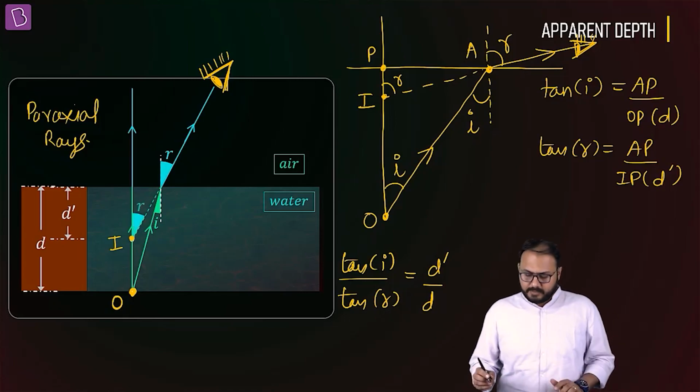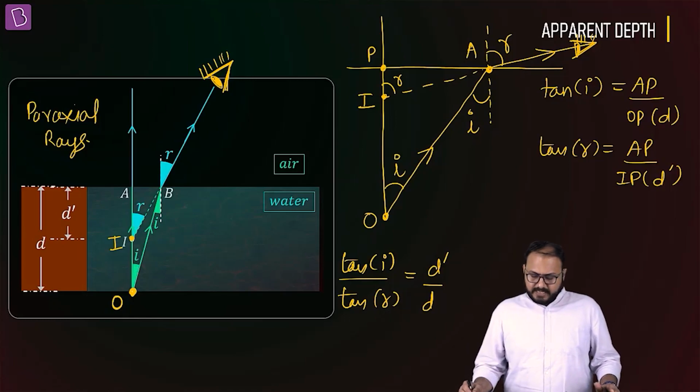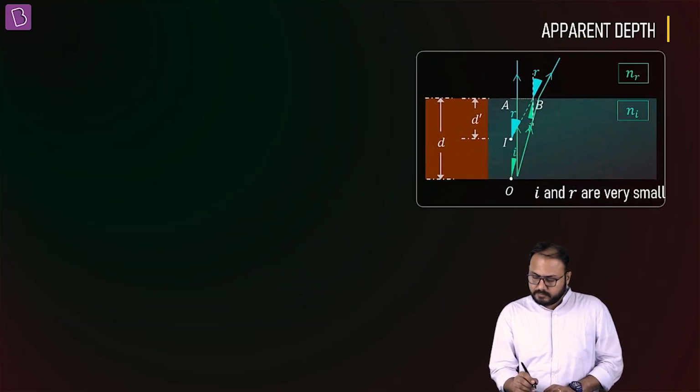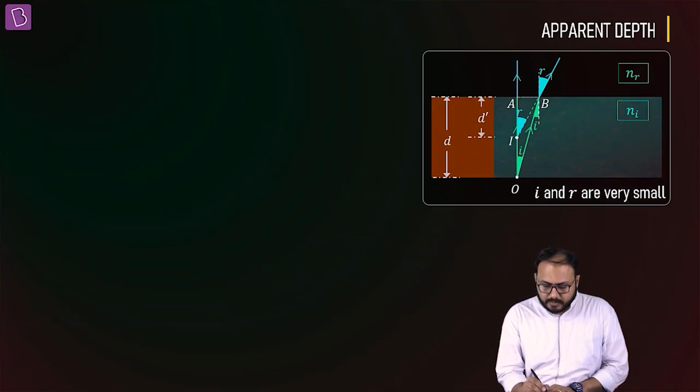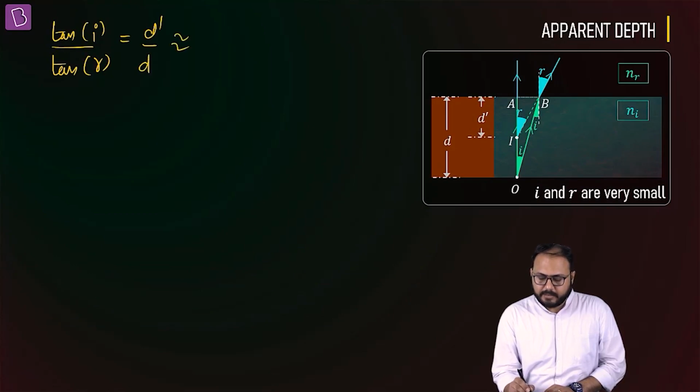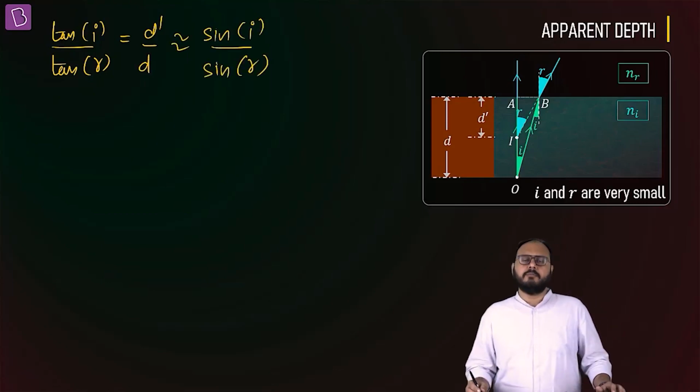Ready? So tan I by tan R is equal to D dash upon D, and here we go. Sin I upon sin R. Why?